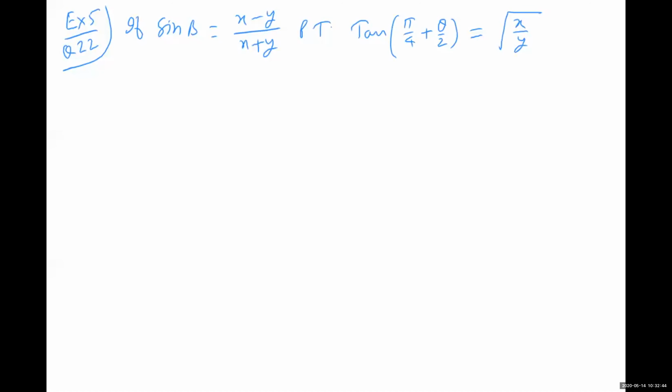So one thing is very clear here. If you are very careful, this problem can be solved in shortcut form. Shortcut form means if you observe here x upon y, take here 1. Just you have to apply componendo and dividendo. What is that?